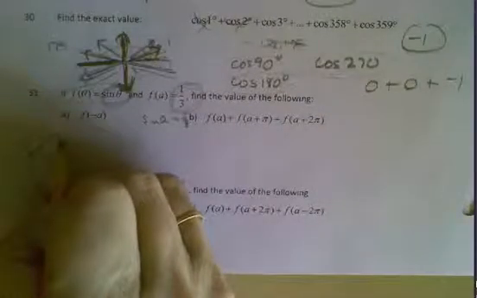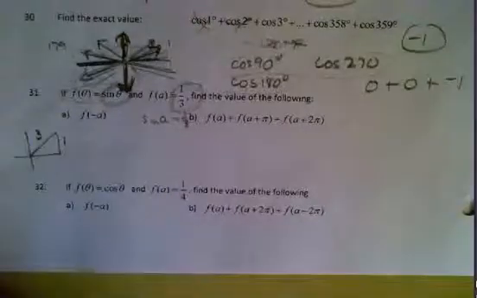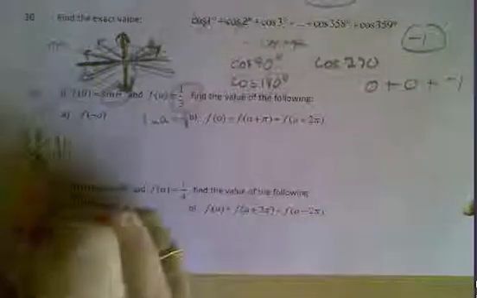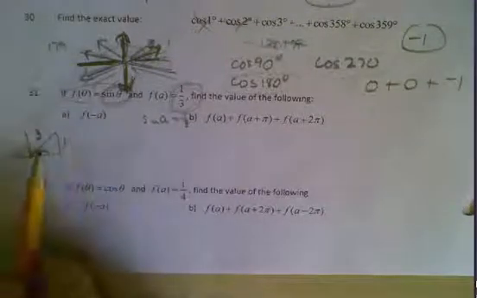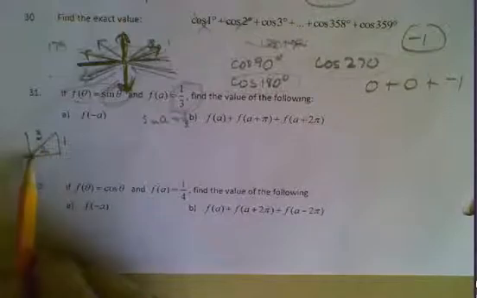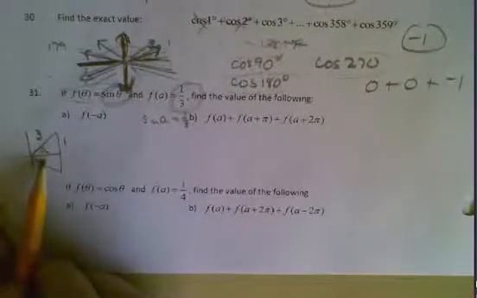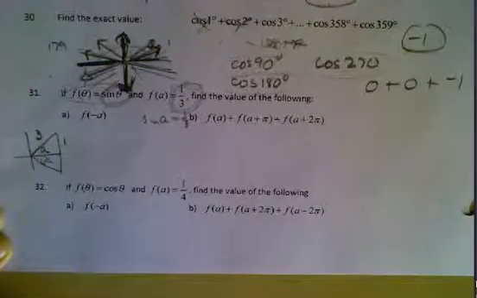So what does that mean? That means the y value is 1, the r value is 3. It's y over r. Then it's asking me, what's f of negative a? If this is a, what would be f of negative a? If this is positive a, negative a is down here, right? Because in the negative direction, I'm going a radians or degrees, whatever it happens to be.